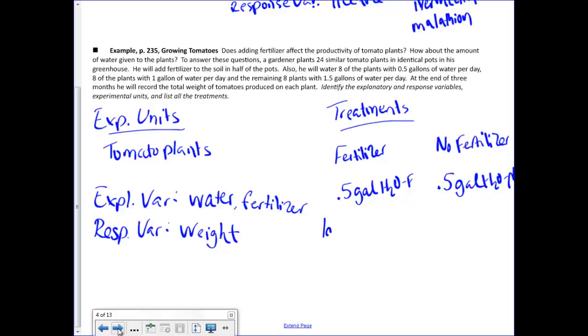Then we have 1 gallon of water with fertilizer, and we have 1 gallon of water with no fertilizer. And we also have 1.5 gallons of water we give the plants with fertilizer and without.